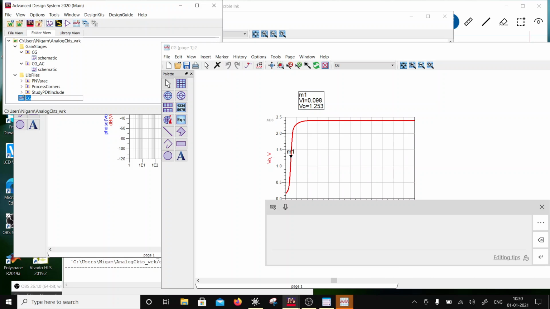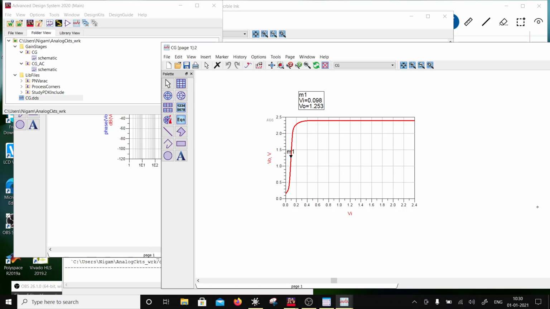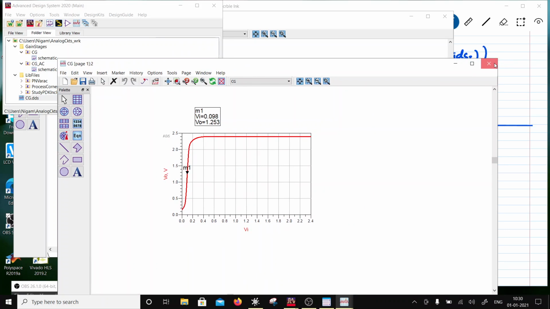If you look at this one also, the input voltage range is the same as that for a common source, right? So we haven't changed a lot going to common gate, but let's see what happens with the common drain. In case of common drain, I am going to just modify the circuit and make it a common drain.